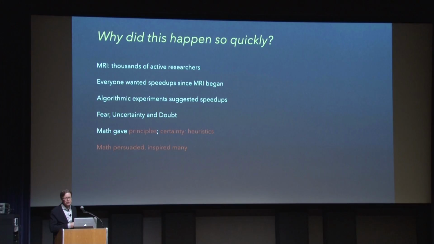And the fear, uncertainty, and doubt factor was crucial in limiting, let's say, getting grant money to go after those experiments and following up on it. What math gave was principles, certainty about what you're talking about, and also very valuable heuristics to communicate to people. So it did persuade and inspire many people. So there's all the people there to persuade and be inspired.